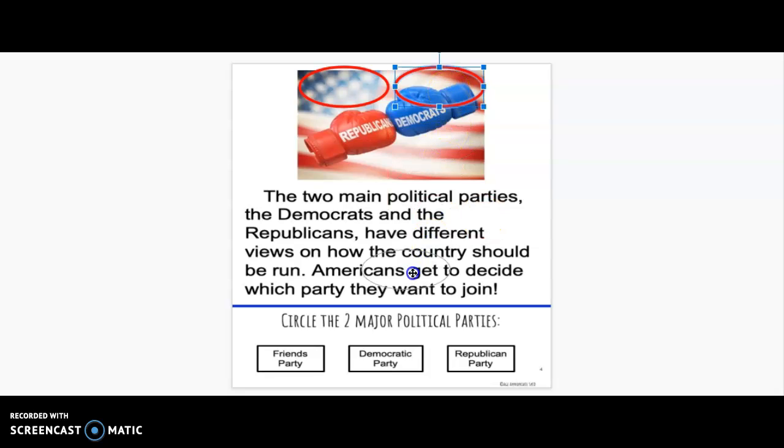That's right. The answer would be the Democratic Party and the Republican Party. So the 2 major political parties are Democratic and Republican.